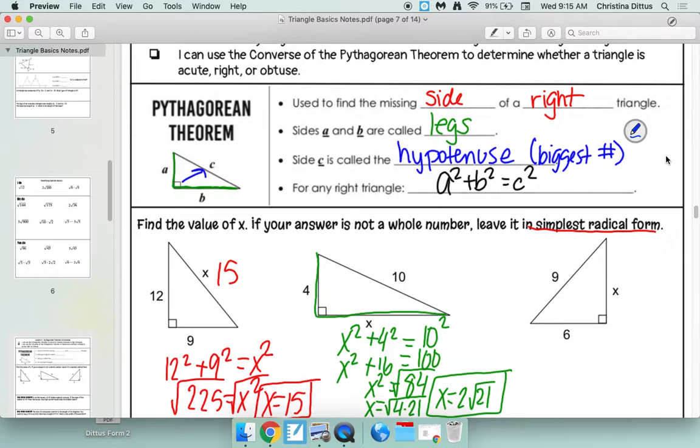Somebody set up my Pythagorean theorem for the next one. Six squared, 36. 9 squared, 81. Then what? Subtract. We get 45.